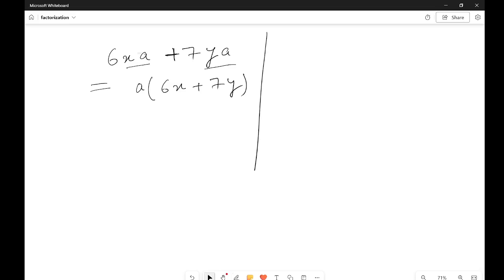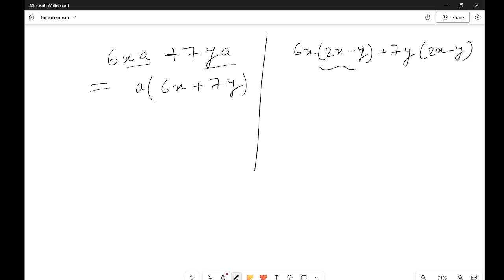Now similar to this one, if I have say expression something like 6x and within brackets 2x minus y plus 7y, and in the bracket 2x minus y. Do you see any similarity between these two expressions? Okay, it's same.